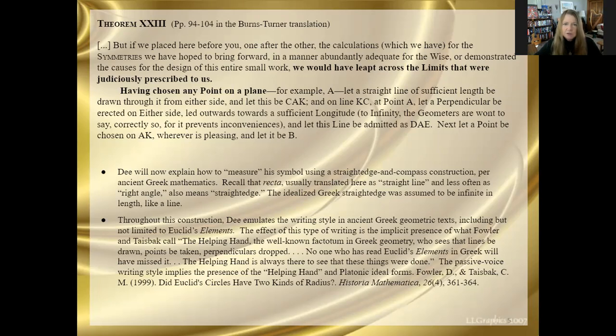But as Fowler and Tasbeck say, this helping hand is always there to make sure perpendiculars have been dropped, or lines have been drawn. And the implicit effect of it is like there's this hand watching over, helping you. Why would that be? Well, because in Pythagorean thought, the revelation is, in this case, not angelic revelation, it's the revelation of perfect forms.